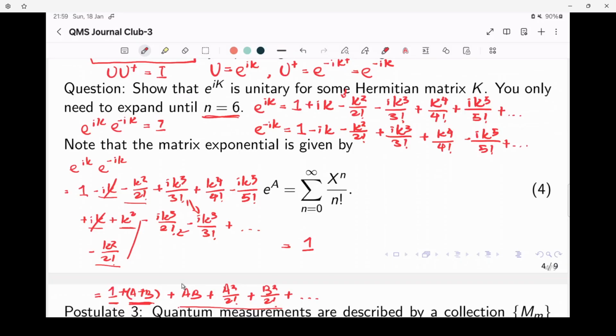This is not the perfect proof, but just to convince you that in order for some matrix to be unitary after the exponential, it needs to be a Hermitian matrix.